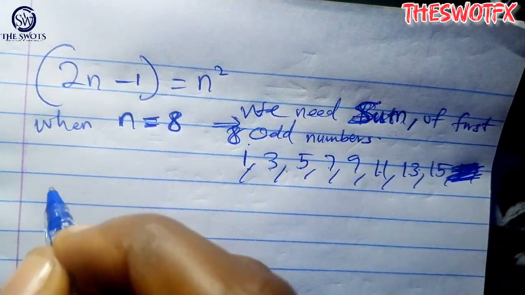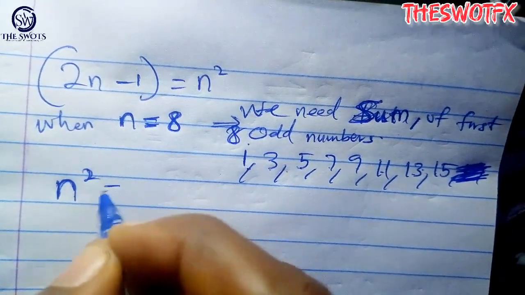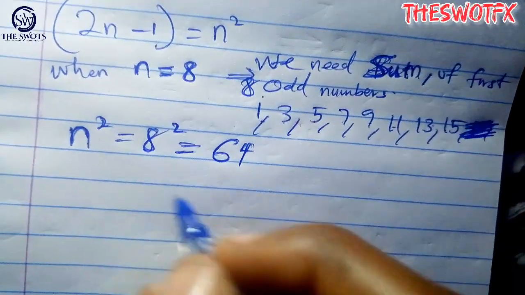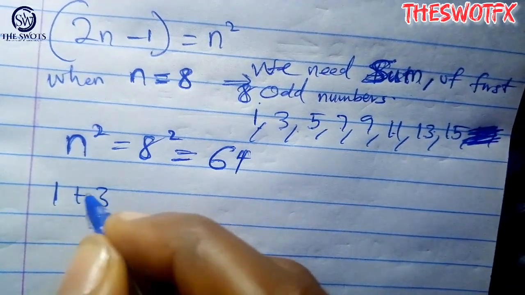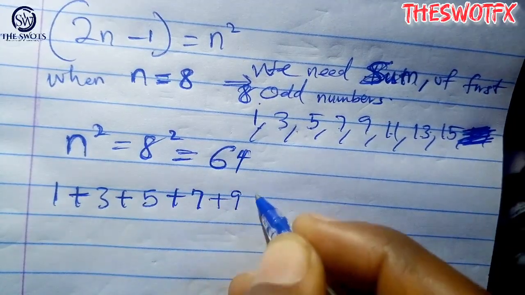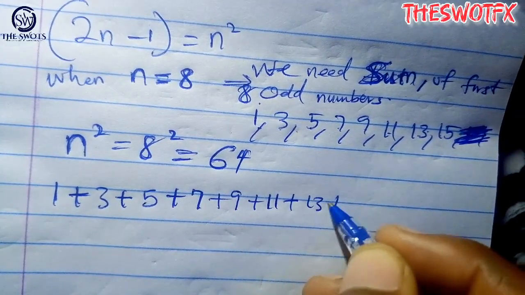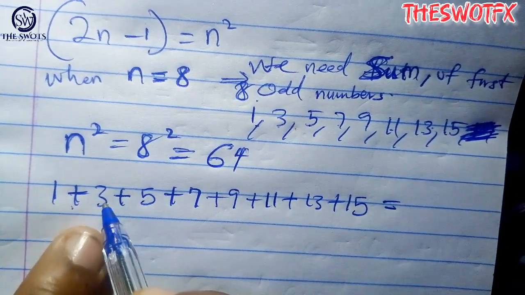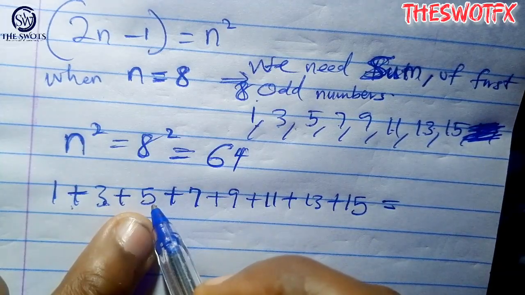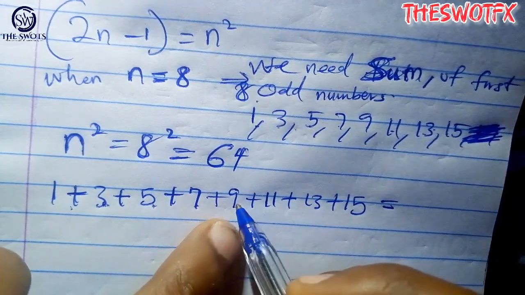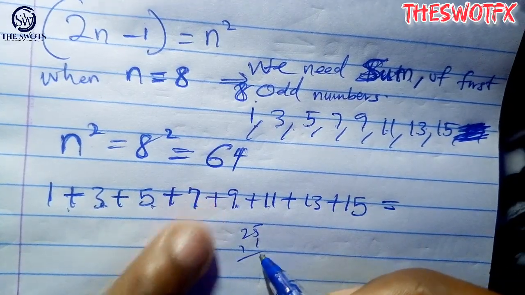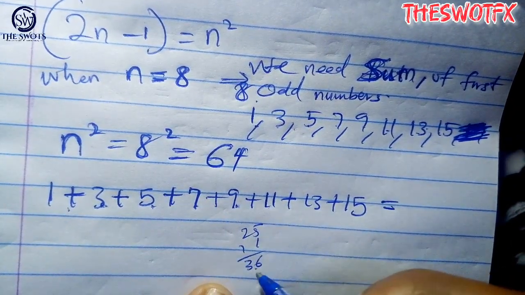So let's take a look at our expression. n squared is 8 squared. 8 squared is what? 64, right? So let's take a look at the sum. 1 plus 3 plus 5 plus 7 plus 9 plus 11 plus 13 plus 15. 1 plus 3 is 4. 4 plus 5 is 9. 9 plus 7 is 16. 16 plus 9 is 25. 25 plus 11 is 36. 36 plus 13 is 49.